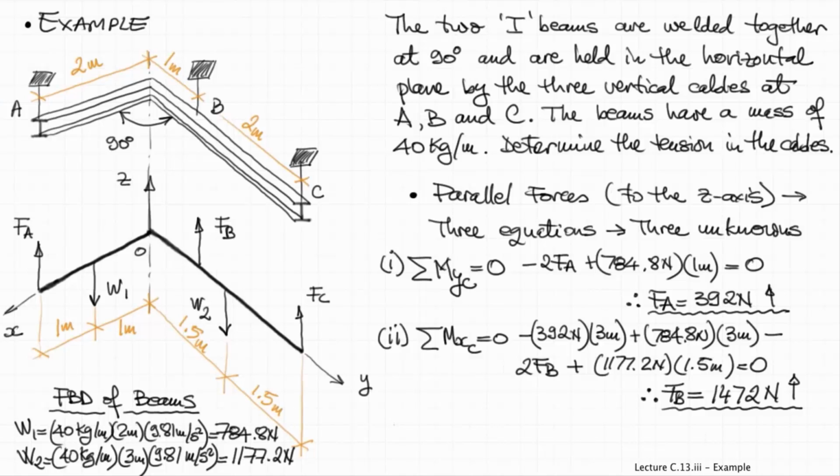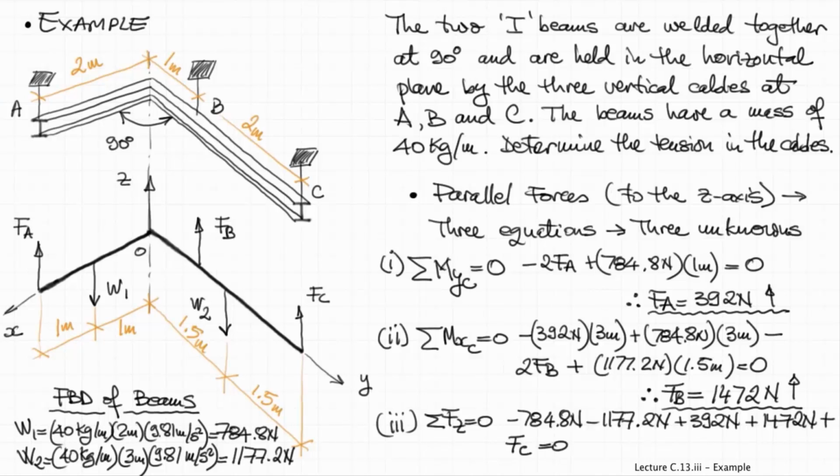And as I mentioned earlier, the third equation is a force summation equation along Z, along the vertical direction. We already know 2 unknowns, and these are FA and FB. So now all we have to do is solve for FC from this force summation equation. And if we do so, the result that we will obtain will be 98 newtons.